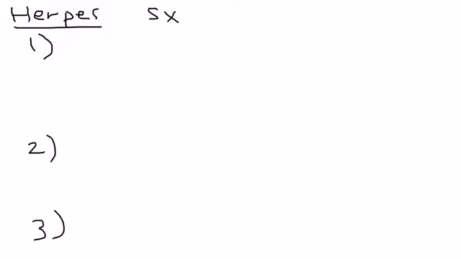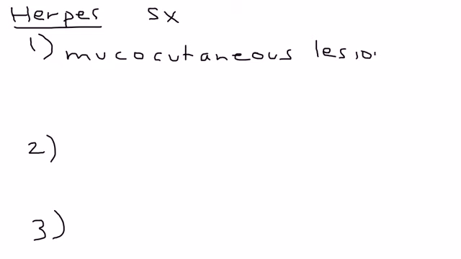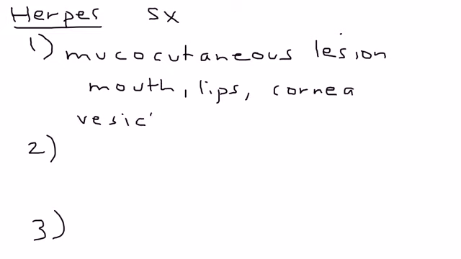So the first one is pretty much a mucocutaneous lesion, and these lesions are commonly occurring on the mouth or the lips or the conjunctiva or the cornea. And what can happen is you have these characteristic vesicles that are in clusters.